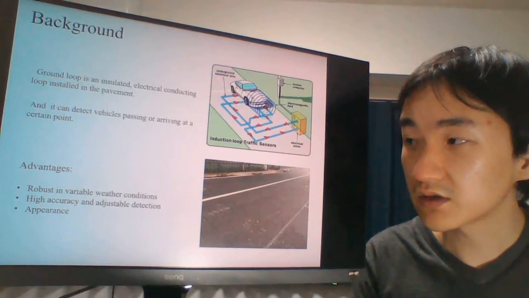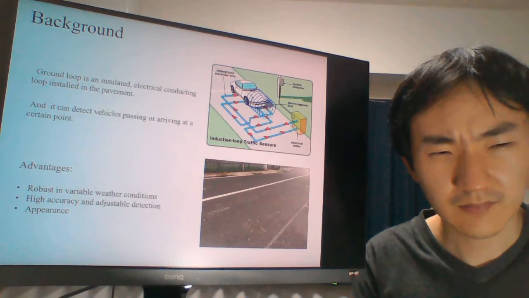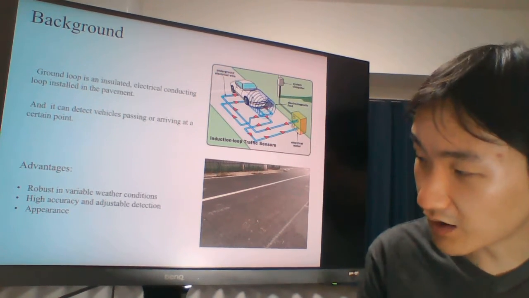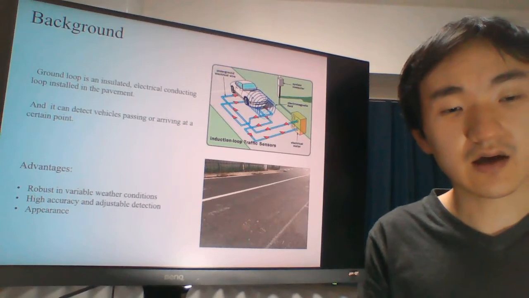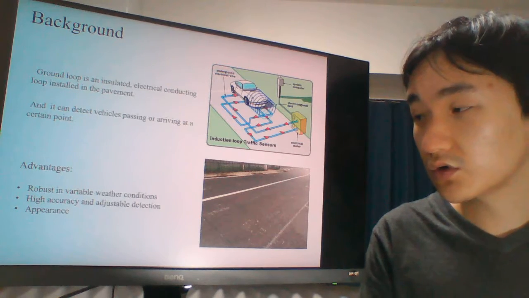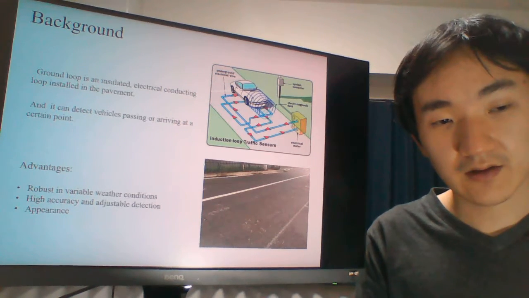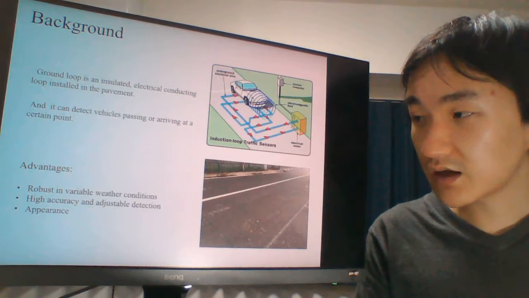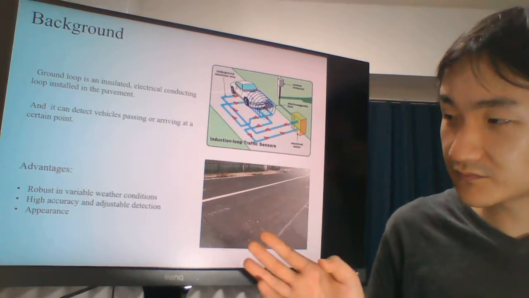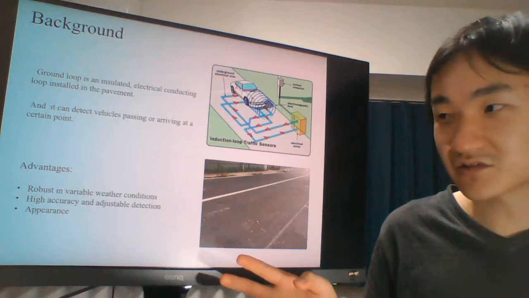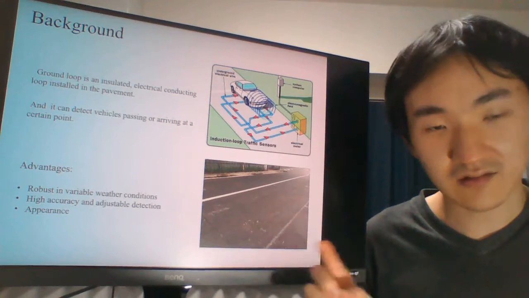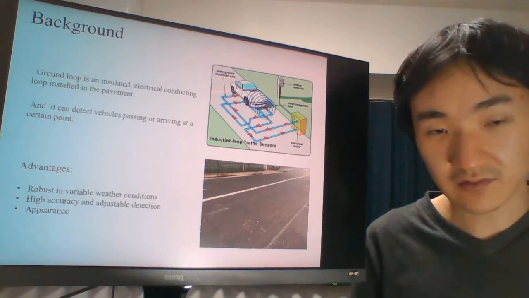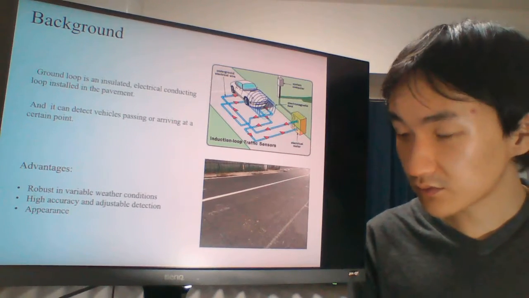First, it is robust in variable weather conditions, since it's blocked from the outside world. Second, it has high accuracy and adjustable detection. And third, it has a perfect appearance, which means you can hardly notice it exists, as shown in the graph.